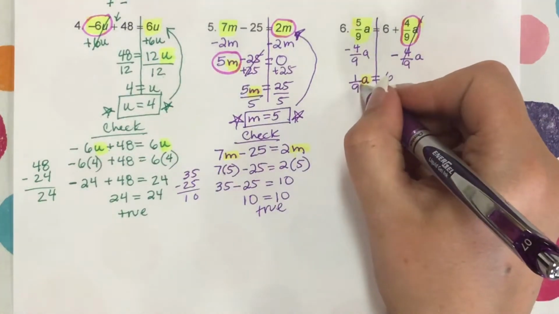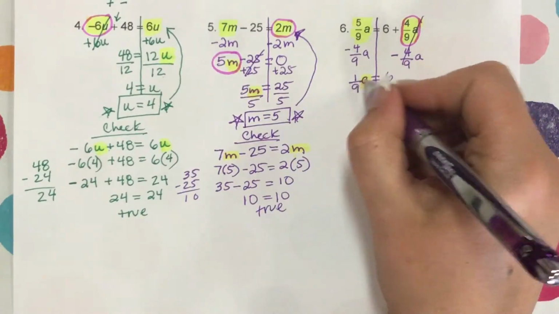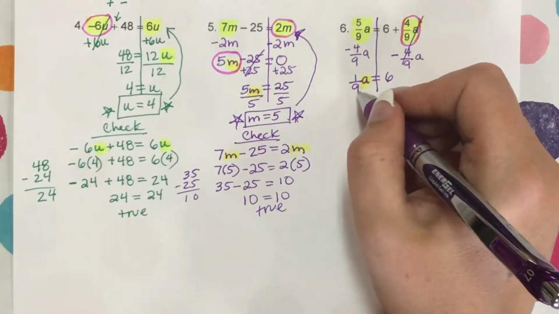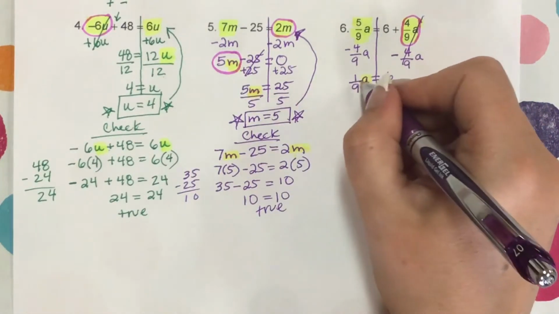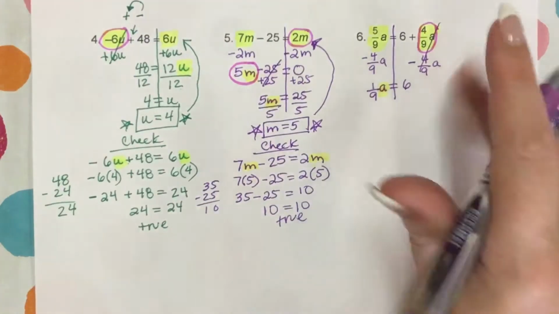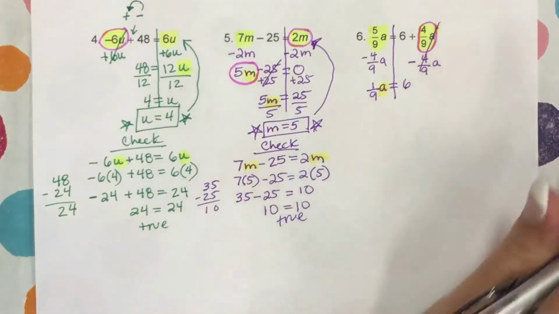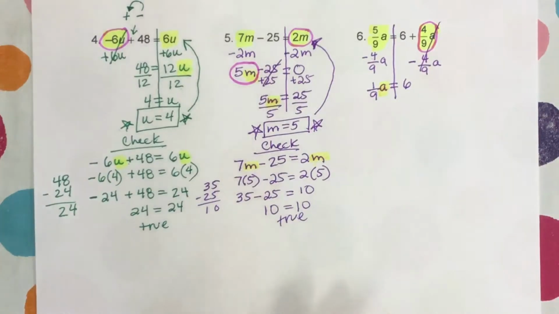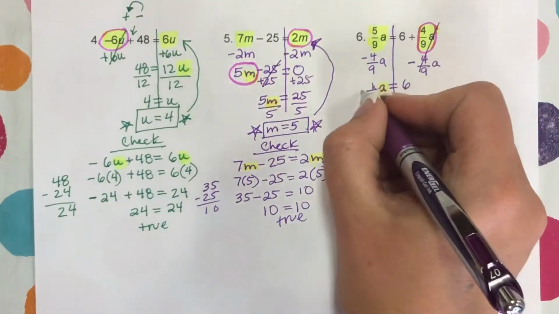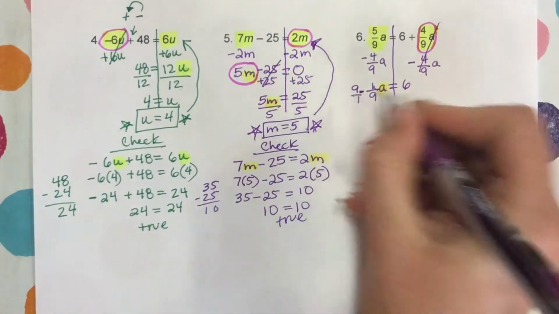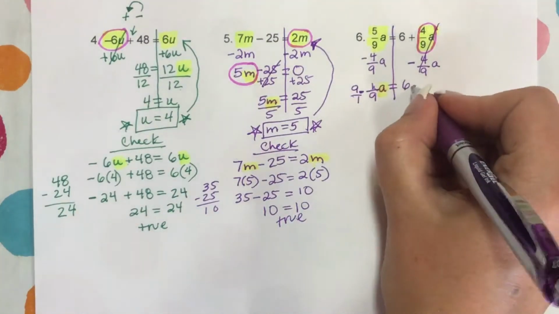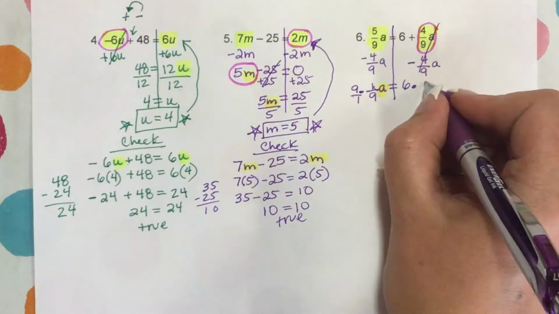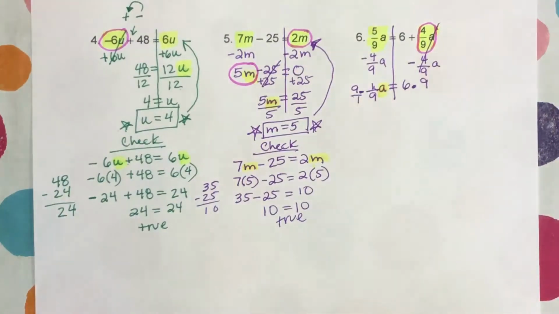It's 1/9 times a, okay, but for this one, remember, there is a fraction. So whenever you have a fraction multiplied by a, you're going to multiply by the reciprocal. The reciprocal of 1/9 is the same thing as 9 over 1, or just 9, right? So I'm going to do that to both sides. I'm just going to multiply both sides by 9.